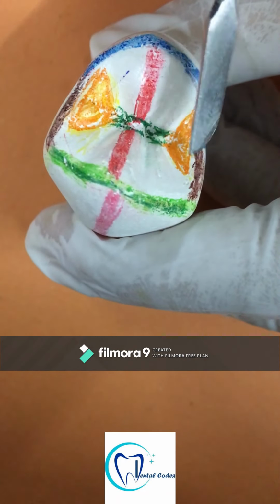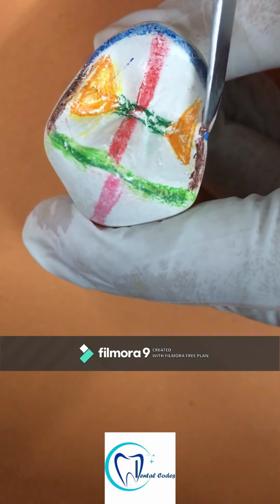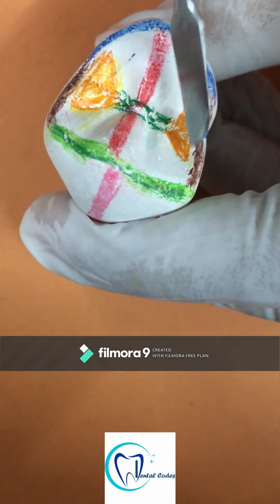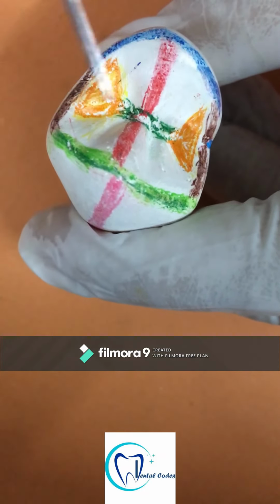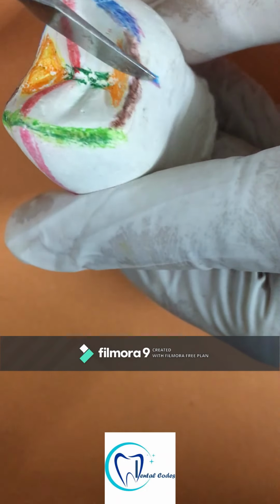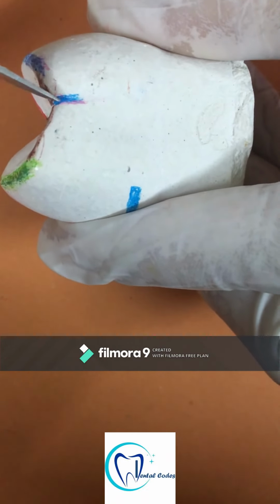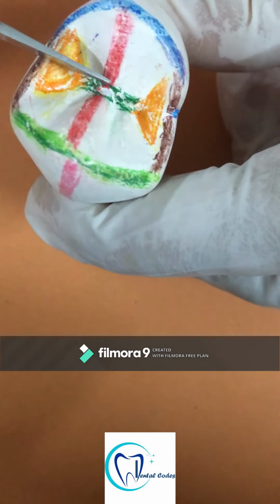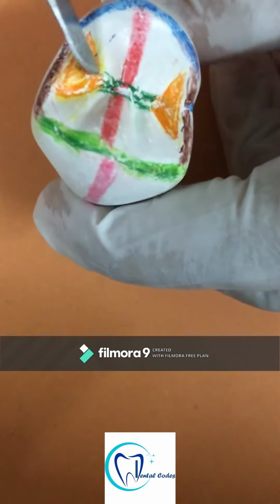Now, there is a triangular fossa which has been created from the mesial marginal ridge till the mesial and the distal pit respectively. These are known as mesial triangular fossa and the distal triangular fossa. This central developmental groove extends towards the mesial surface, which we have already discussed in the proximal aspect, that there is a mesial developmental depression that is just the continuation of this central developmental groove onto the mesial aspect.